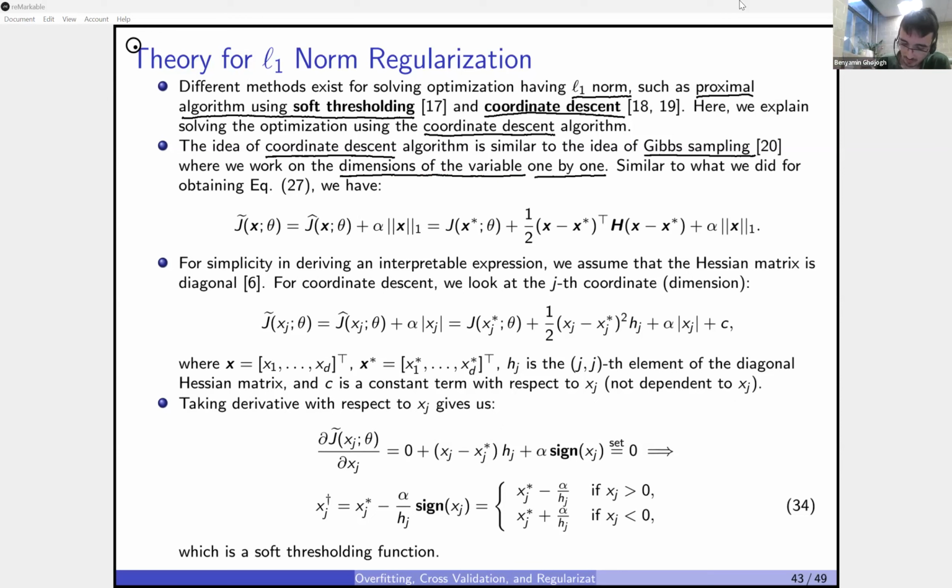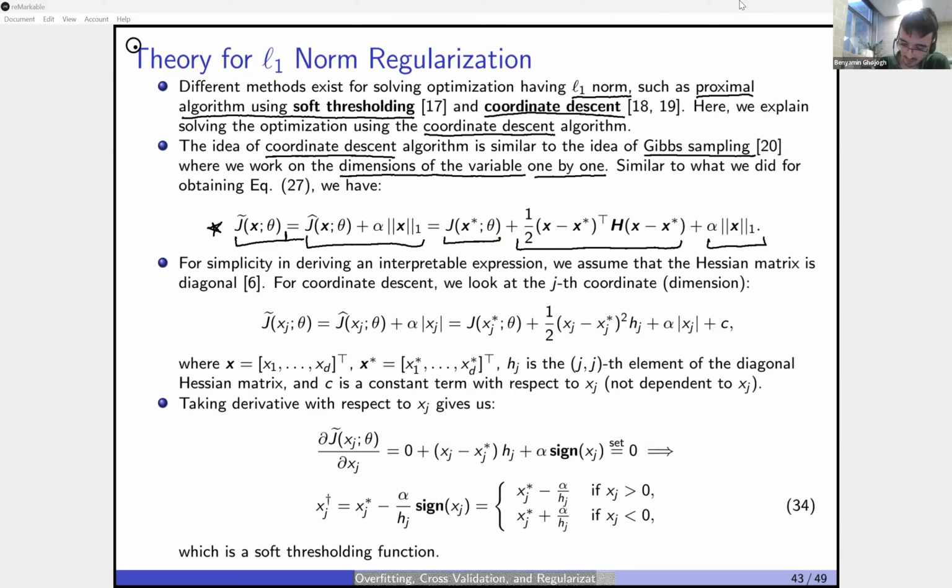Similar to what we did for obtaining equation 27, we have this. Do you remember? This was the regularized cost, but we have the L1 norm now. Again, we can use the approximation, and the term with the gradient will be 0 because of the first order optimality condition, and we'll have only this and the Hessian term, and also this term with the L1 norm now.